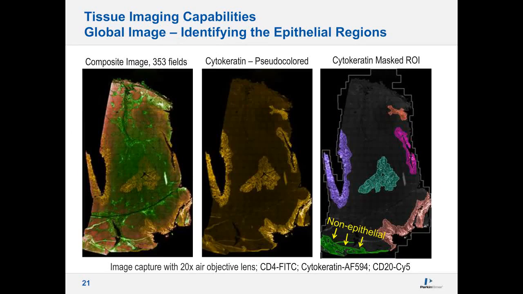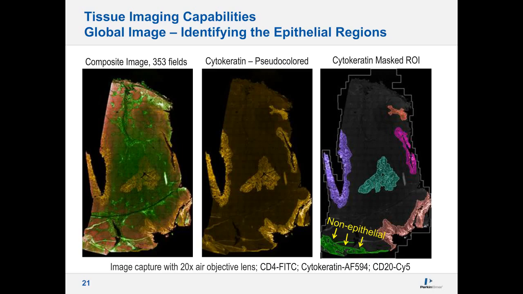So for the composite images, there were 353 fields to capture this particular tissue. So it's a lot of scanning. It went through and scanned all of this. But we're not interested in all 353 fields. In this particular case we're really interested in looking at cytokeratin positive cells. So we masked a region of interest for those using Harmony software.